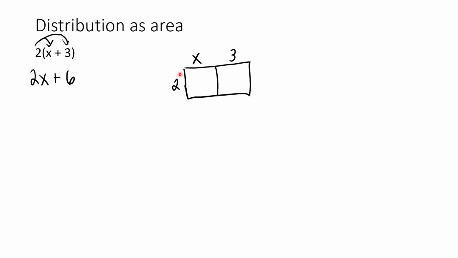One rectangle has a height of 2 and a base of x, so base times height would be x times 2, or 2x. Then you have a base of 3 and a height of 2, so 3 times 2 would be 6. Then you would add these two areas together to find the total area: an area of 2x plus an area of 6.